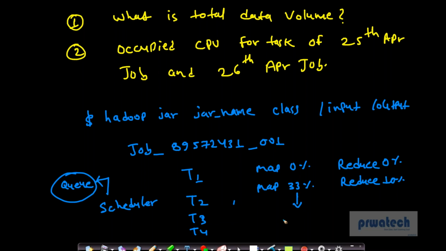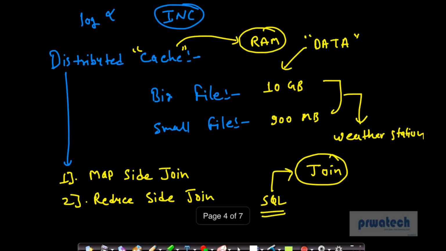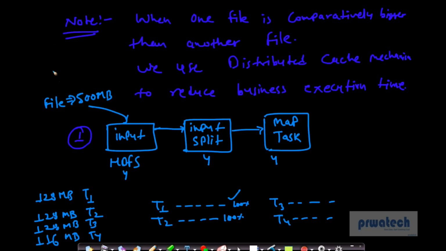This step is known as spilling. Spilling means 33% of input data has been processed, which means 33% of 500 MB. Let me calculate it. 500 MB is my actual data size.